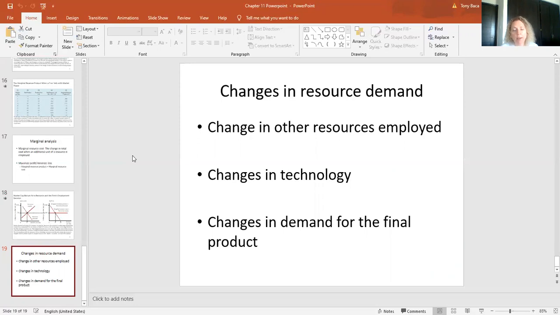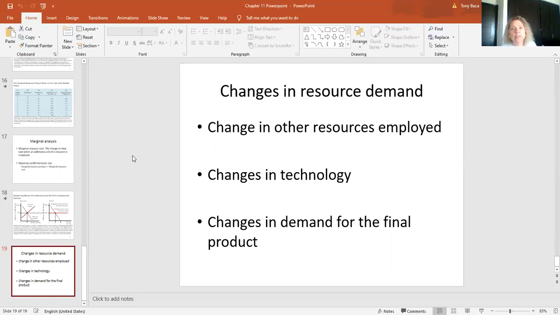The second one, and this is big, especially for labor, is changes in technology. A change in technology is going to increase the demand for technology, but a lot of times technology makes us more efficient, and that means we need less of the other resources. Technology becomes the big resource that we're using. Usually with technology, we need fewer people and we need higher skilled people to replace those that were doing the job that the technology or the machines are now doing.